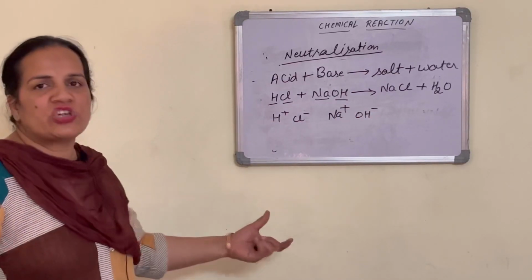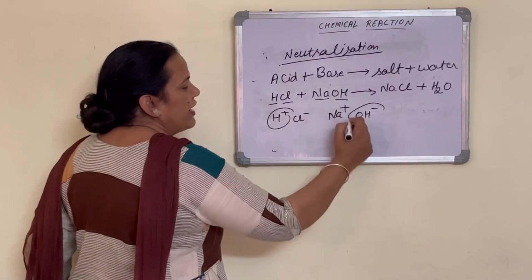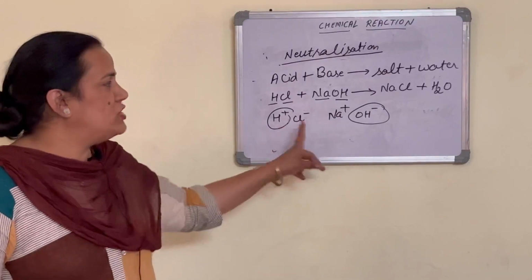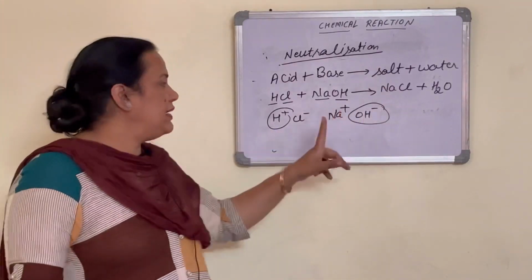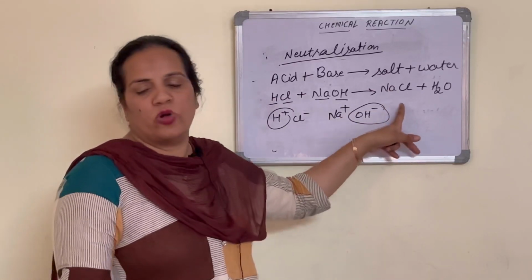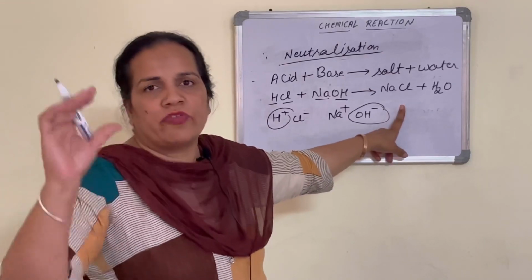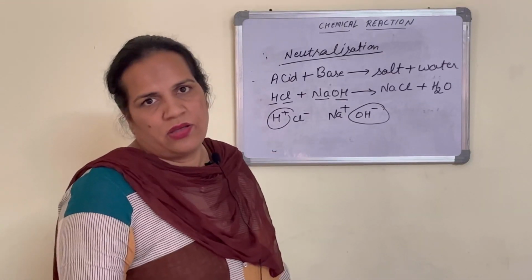Now opposite charges can combine with each other. H positive combines with OH negative ions to form water. Similarly, Na positive and Cl negative combine to form sodium chloride, the salt. This is all about neutralization reactions.